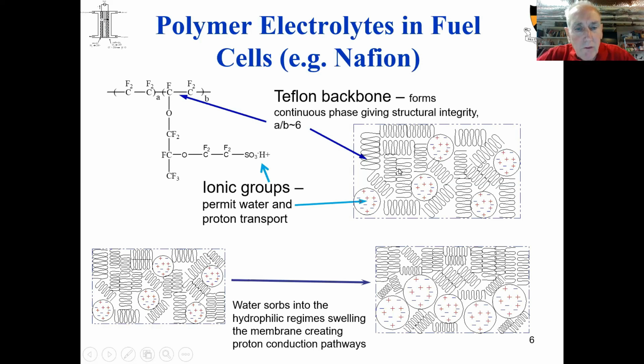And so if you have the right amount of sulfonic acid groups, you can use the hydrophilic sulfonic acid groups as a conductant, and the hydrophobic Teflon acts as a mechanical support to hold everything.